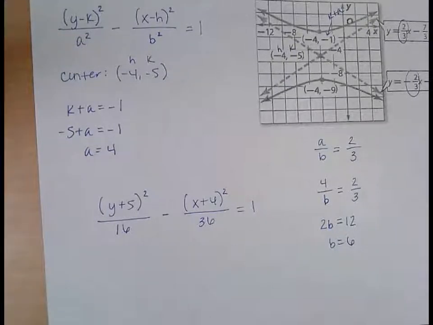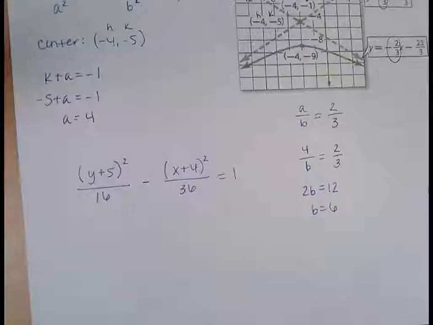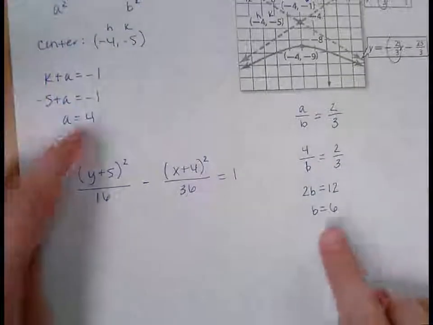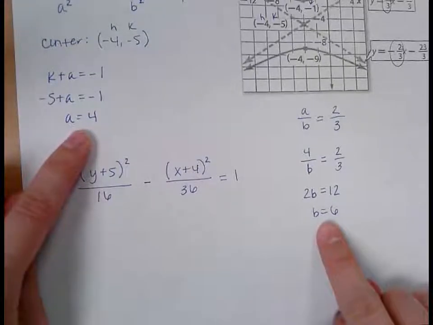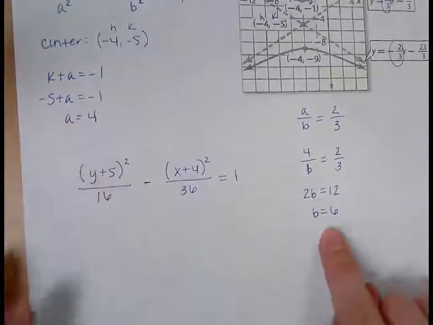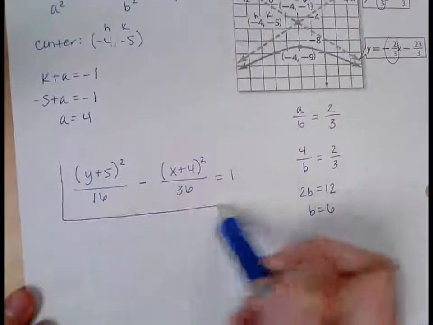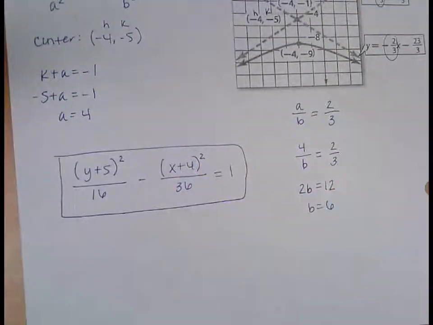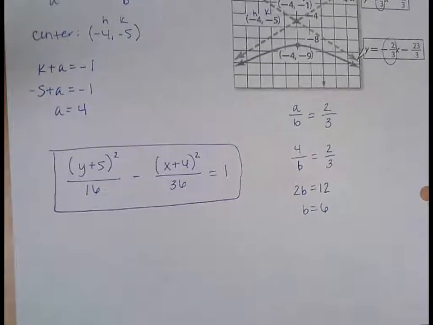And notice here, I'm going to really stress this tomorrow because it's ingrained in your mind from ellipses that a has to be bigger than b. Notice a does not have to be bigger than b when you have a hyperbola. This a is smaller than b. That's okay. Hyperbolas don't have that same condition that ellipses do. But that's your equation.